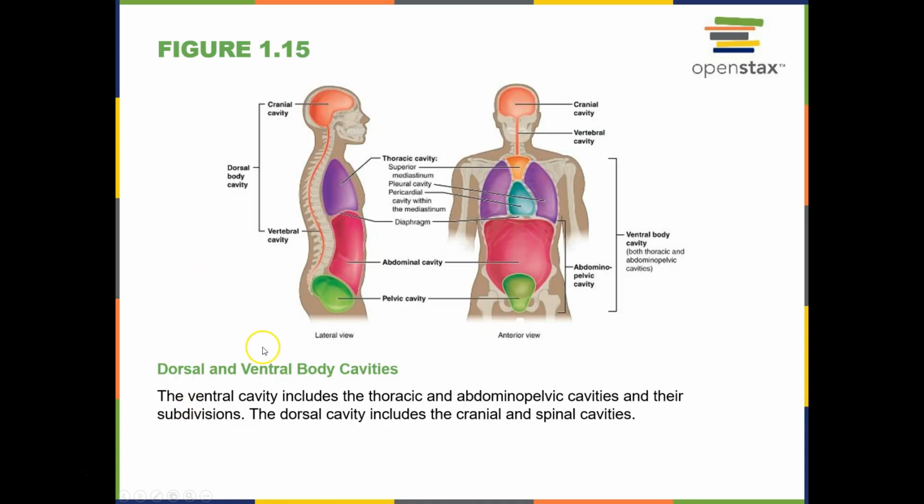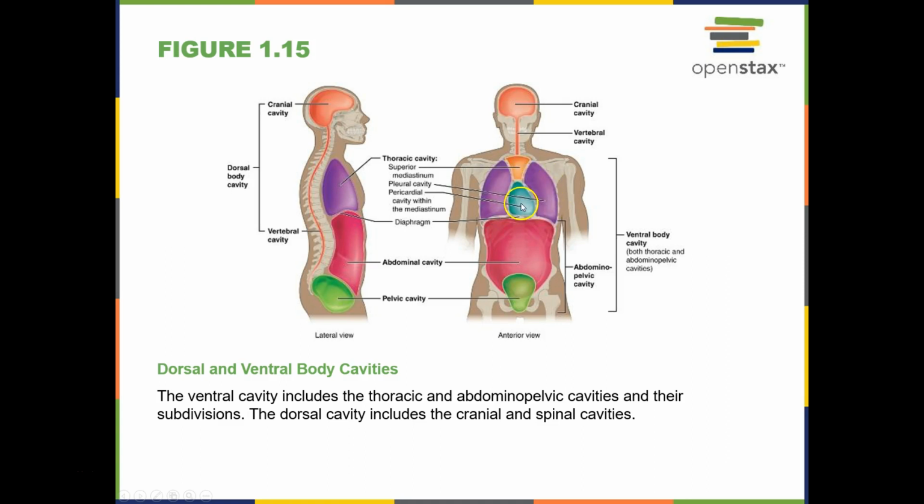So when we do open the body cavity, we'll get to see different regions. We have this thoracic cavity up here. The thoracic cavity contains the lungs, or a region for the lungs, and another region for the heart. The lungs have their own special membrane surrounding them called a pleural membrane.